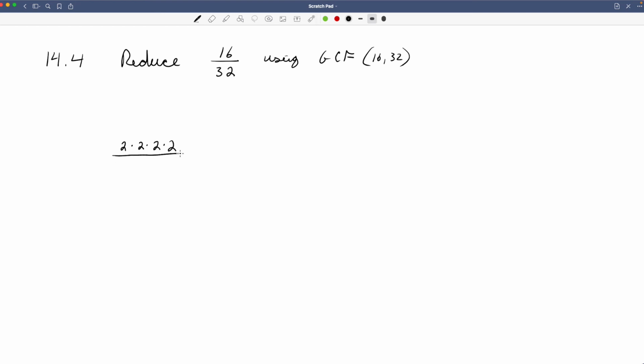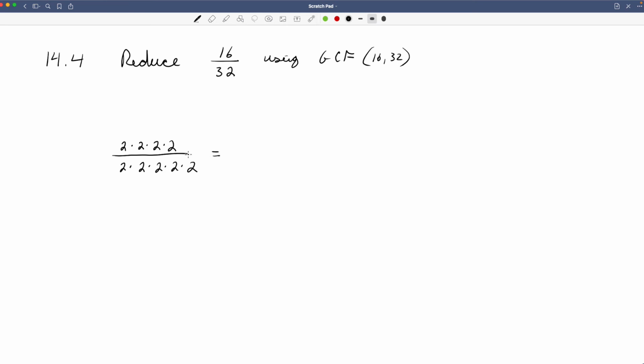So that is all of the prime factorization of 16. Let's do the same thing for 32. So we have 2 times 16, 2 times 8, 2 times 4, 2 times 2.